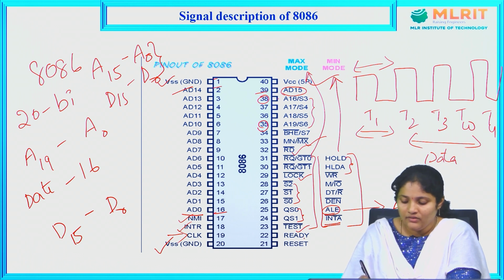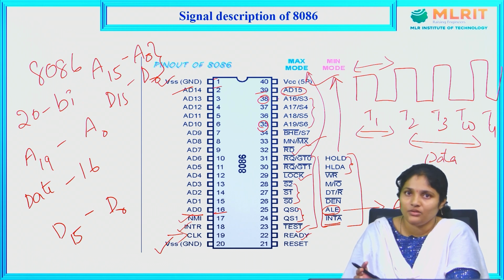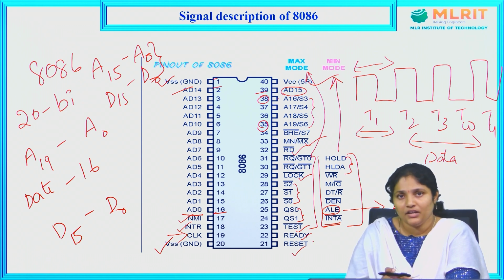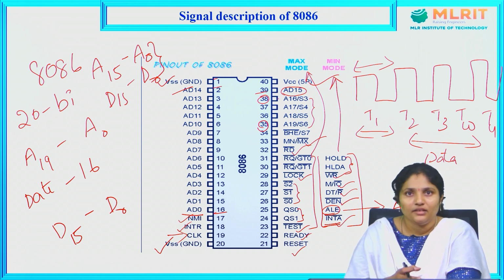TEST bar and READY are for external devices or slow peripheral devices interfaced with the 8086. RESET clears all the program and all the registers. Coming to the write operation, here memory and input output, data transmit or receive, data enable. The 8086 will give the acknowledgement to the interrupt request.